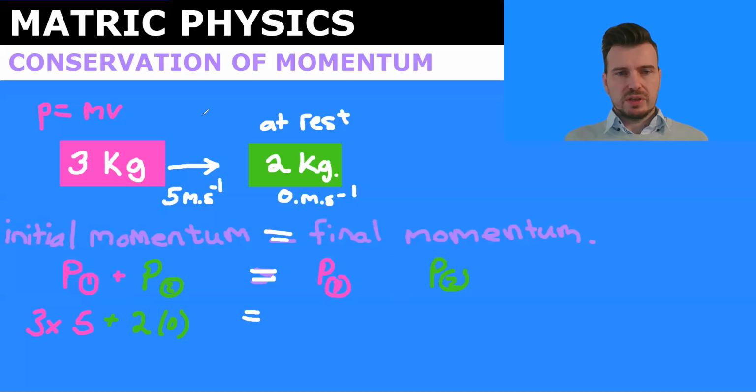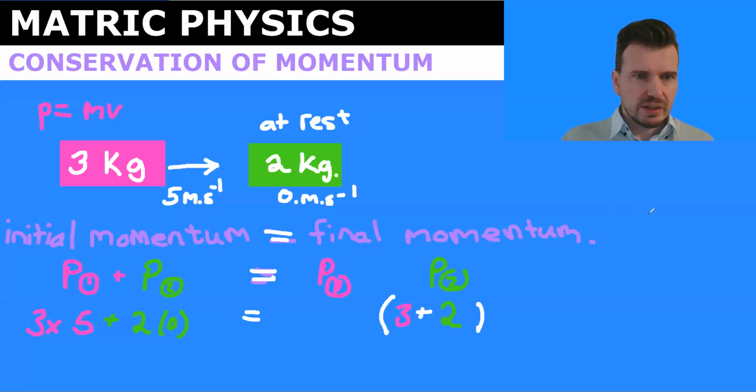What we can do is we can think of them as one object. So now we've got a mass of them joined together, which is 3 plus 2. And so we can get their final velocity because we combine the masses and then we will know their velocity.